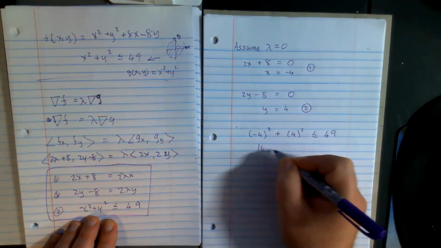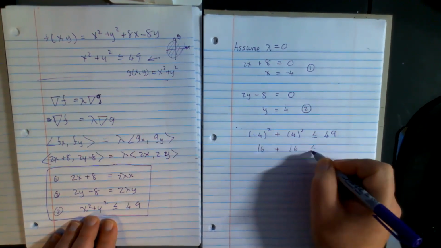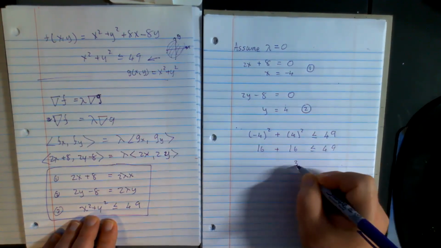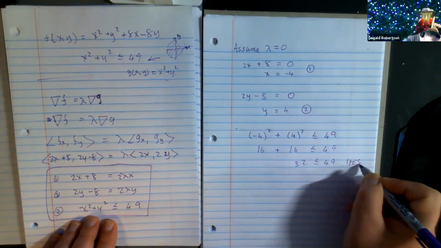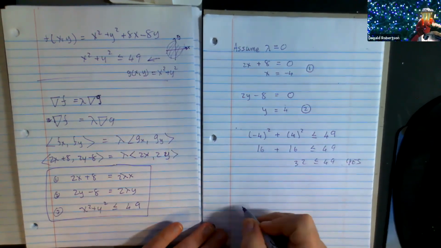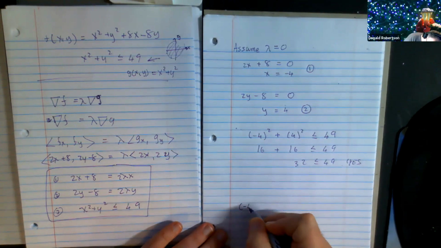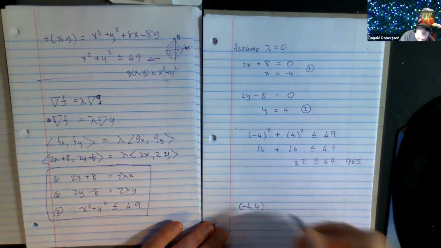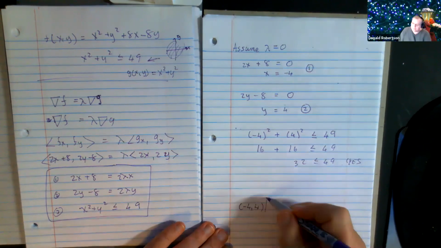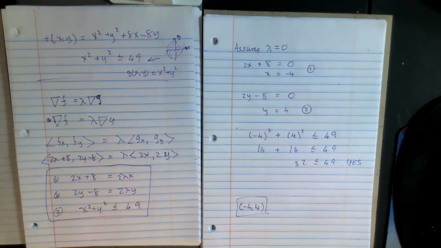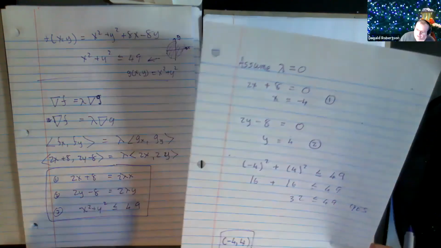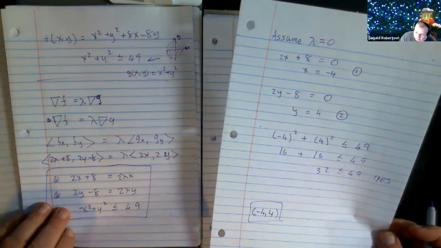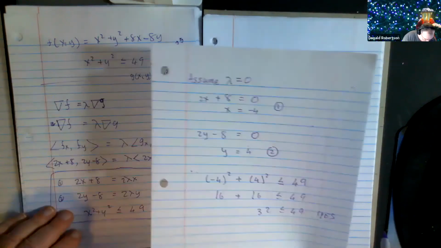Well, I am glad I checked, because the answer is yes. So one of our solutions is x is -4, y is 4. But that's not all the solutions that might happen. That might end up being all there is, but it's not always the case that that's true.